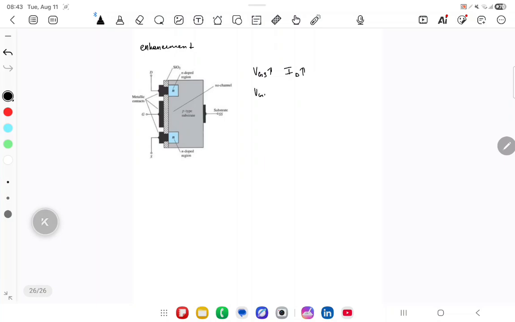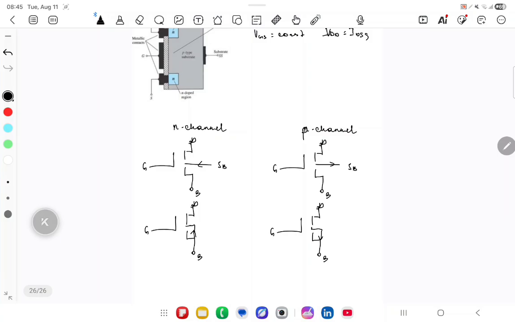But when it's constant, the current ID will be equal to IDSS, okay? So these are the configurations that you'll usually see in circuit analysis. The left one is the N-channel enhancement MOSFET, and the right one is the P-channel enhancement MOSFET. As you can see, they're pretty similar. The only difference is their sign convention.